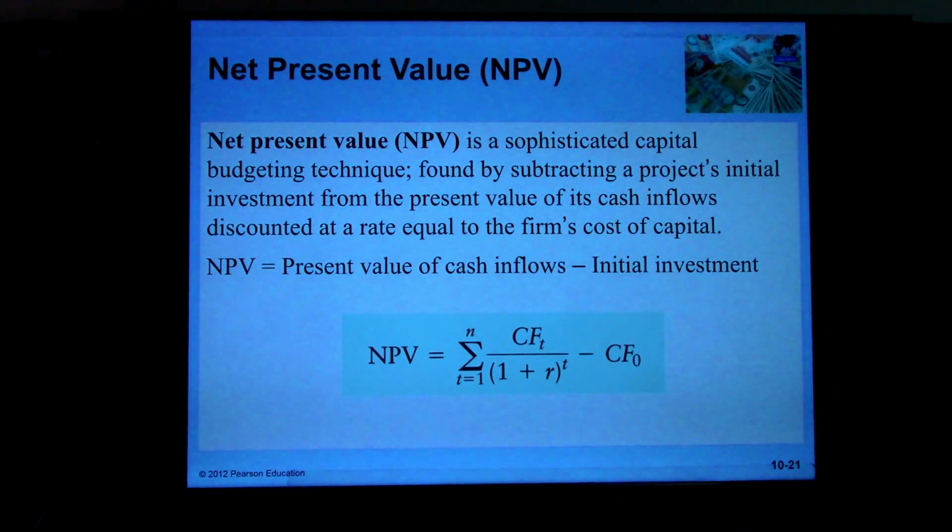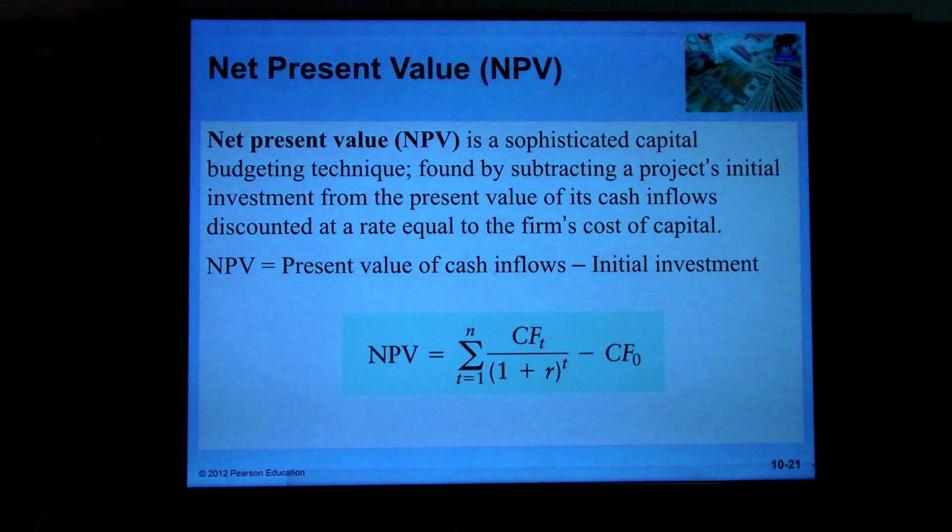The second approach, which is net present value, is a modification of the payback method, because the net present value considers the impact of time on the value of your money.